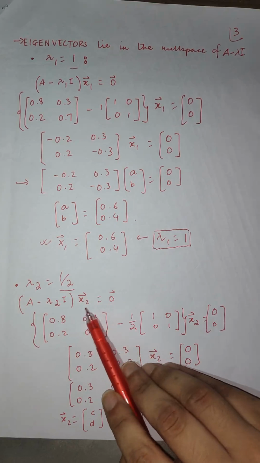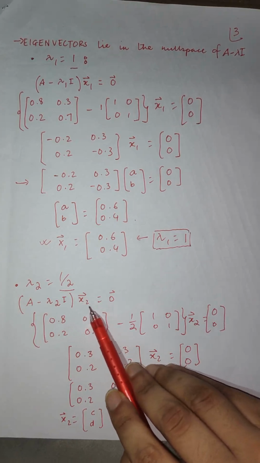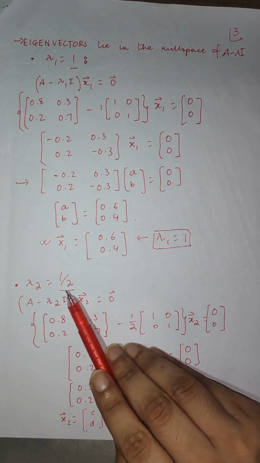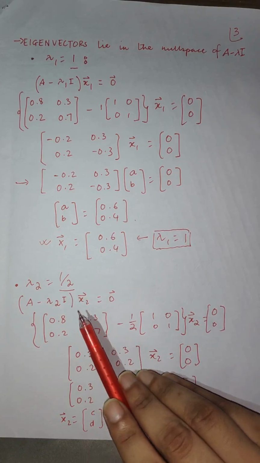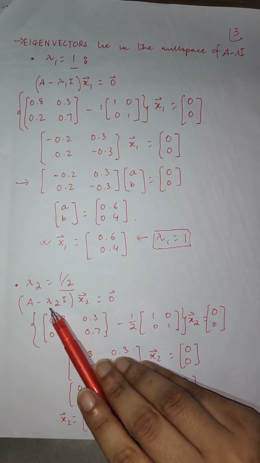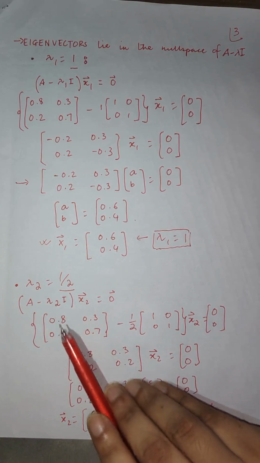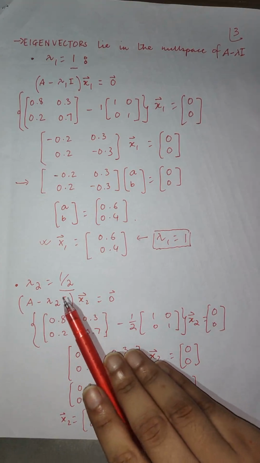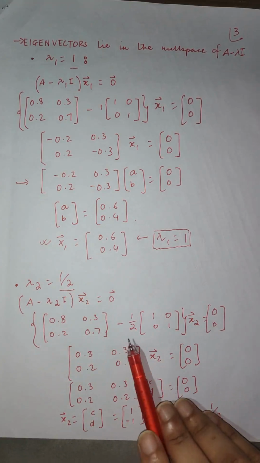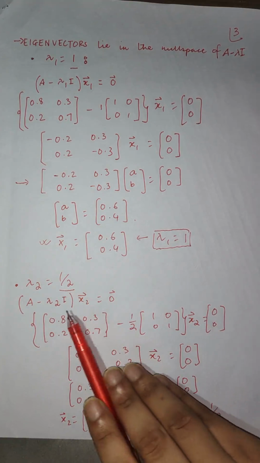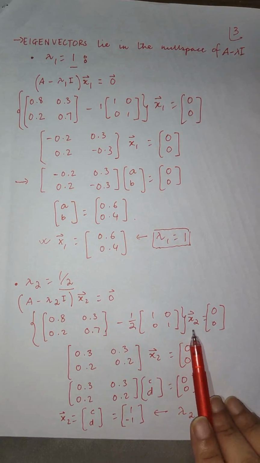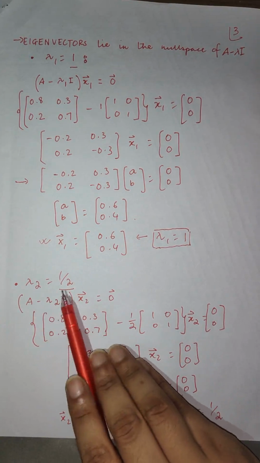Note that this eigenvector is the eigenvector corresponding to this eigenvalue, 1/2. So A minus the second eigenvalue times I. The second eigenvalue was 1/2, so we have 1/2, and then I is the identity matrix. This is just the second eigenvector, I mean the eigenvector corresponding to the second eigenvalue.